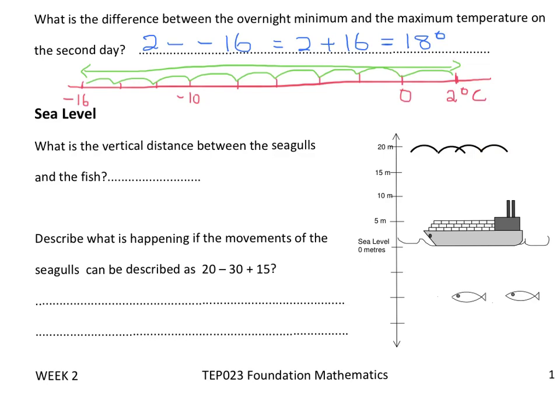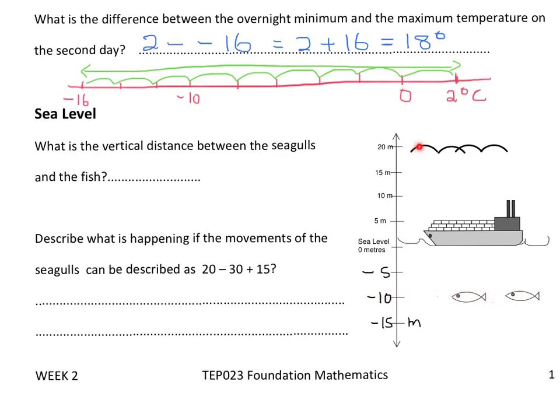But underneath the ship and counting down in our 5-metre gradations, we can think of this as -5 metres below sea level, -10 metres below sea level, -15 metres below sea level. So at -10 metres we have a couple of fish.